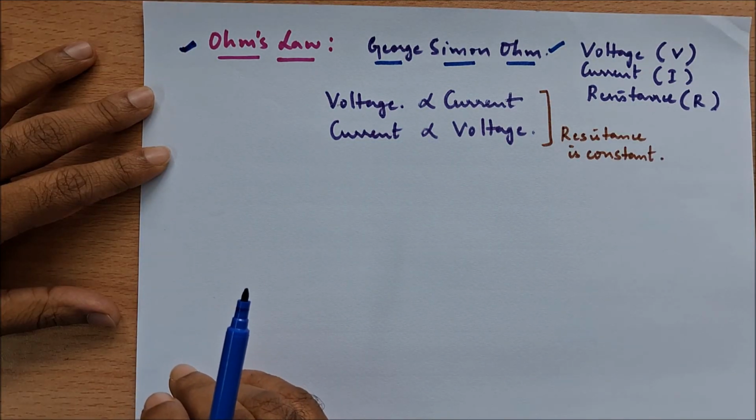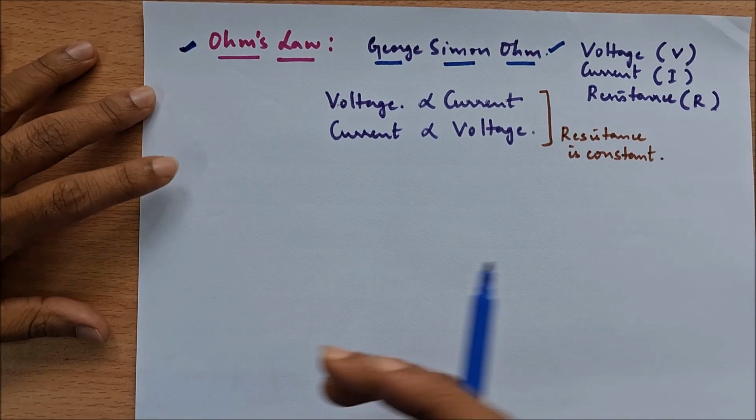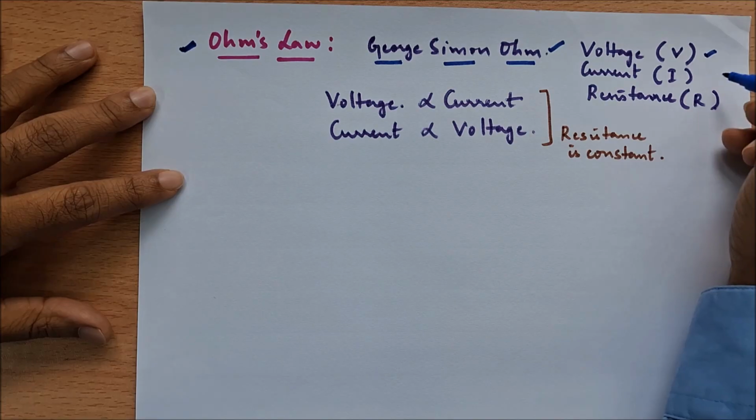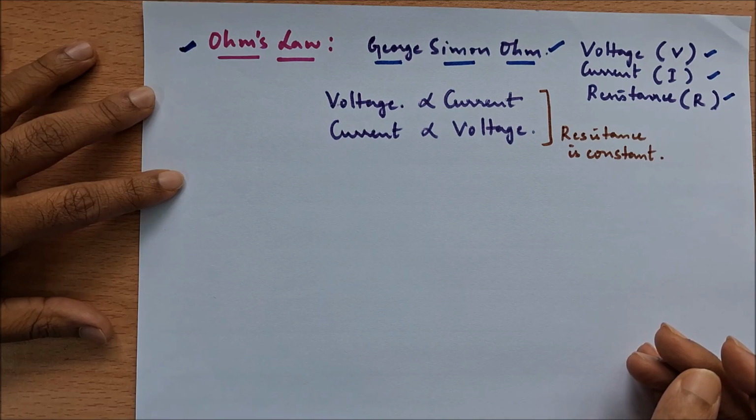He observed for the first time that there is a fundamental relationship between voltage, current, and resistance, which are associated with any electrical circuit.